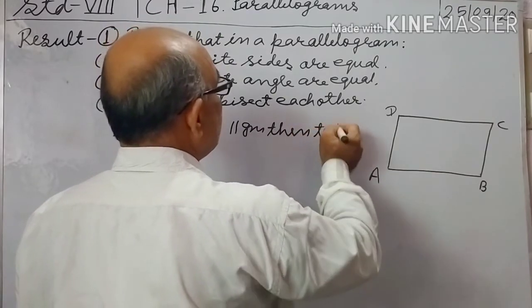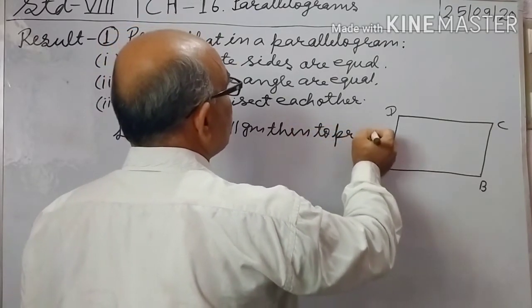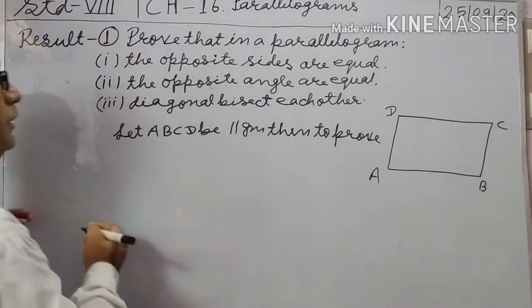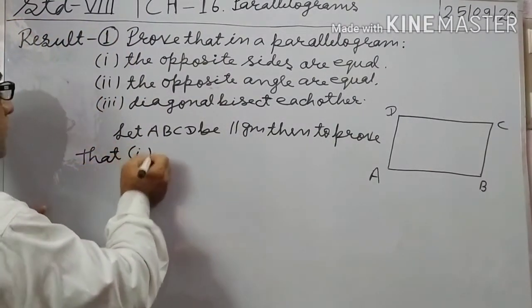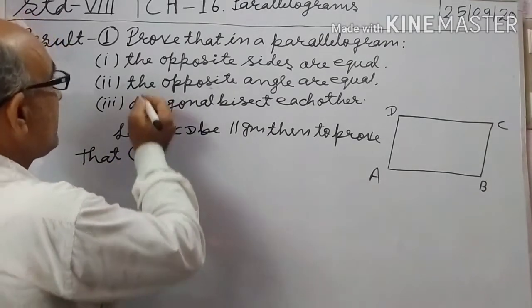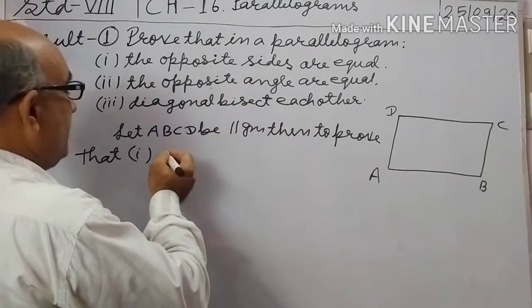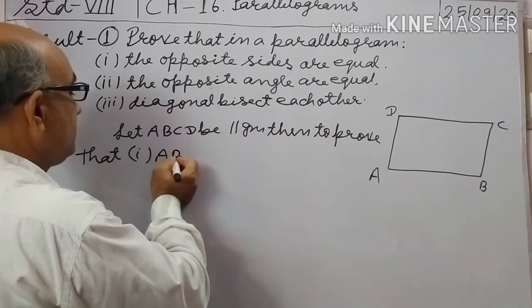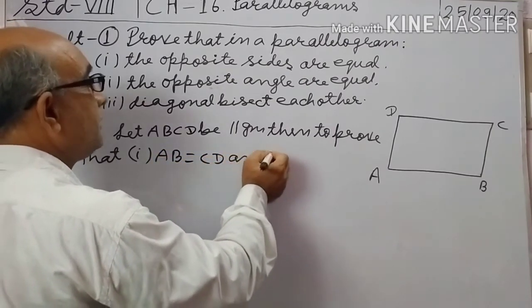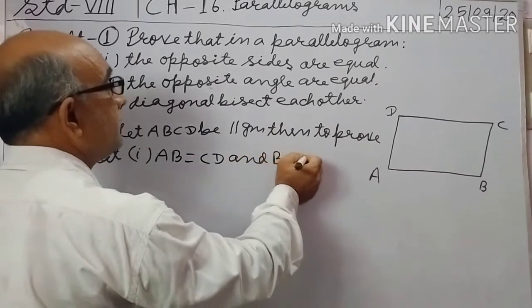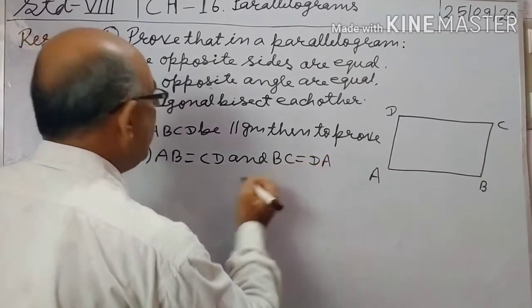Then to prove that: one, the opposite sides are equal. That means AB equal to CD and BC equal to DA.